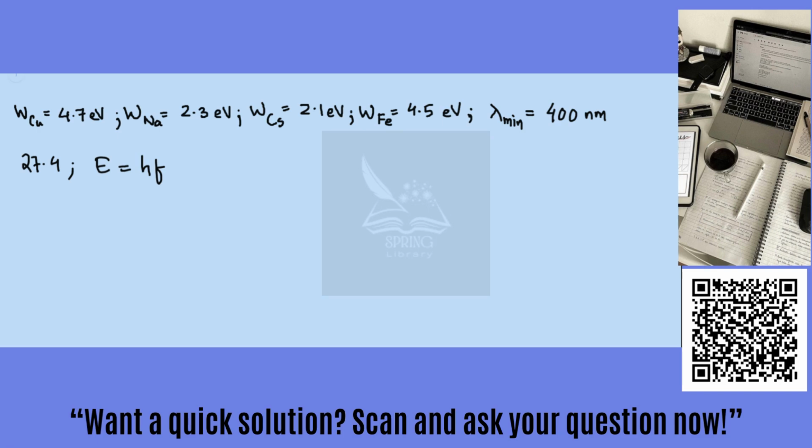Since our wavelength is minimum here, the frequency should be maximum. So this is equal to hc over lambda minimum, because frequency is equal to c, which is the speed of light, over the wavelength.